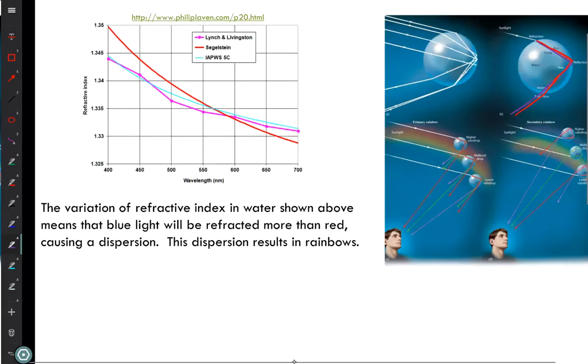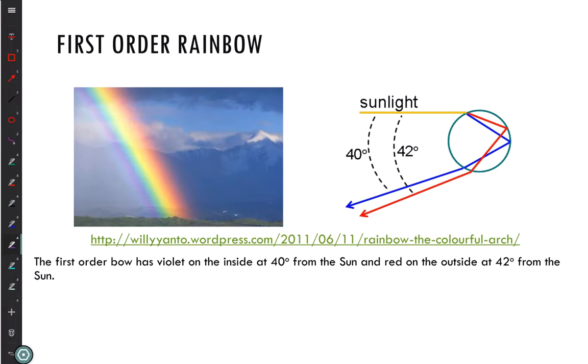They're set by geometry. And so the angle, and I think I have it on the next slide, is something like 42 degrees. Yeah, 42 degrees from the sunlight to the red light and 40 degrees from the sunlight to the violet light.